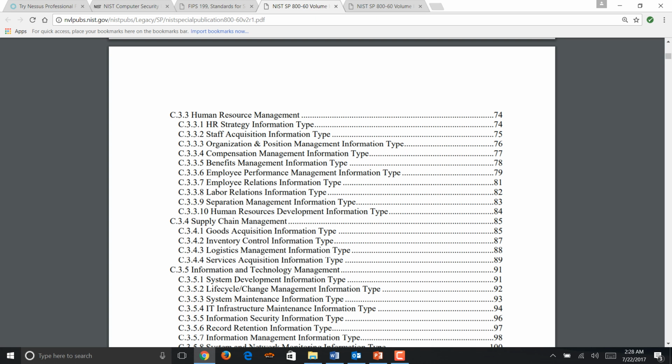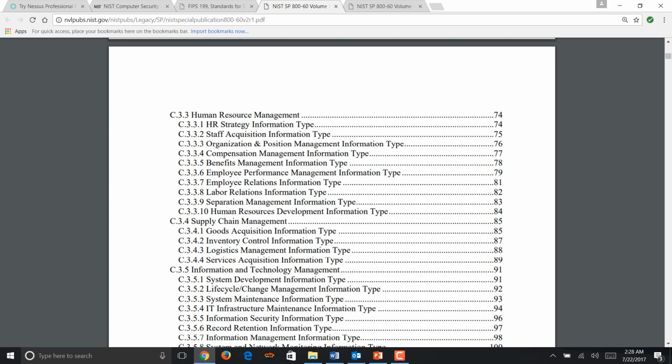That system can have information types such as HR strategic information type, staff acquisition information type, organization and position management information type, compensation management information type, benefit management information type, employee performance management information type, employee relations information type, labor relations information type, separation management information type, and human resources development information type. So NIST 800-60 Volume 2 helps us to understand the various information types that your system can fall under.